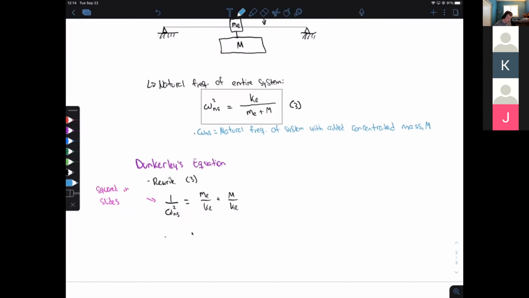And then from here, we're going to have omega 1n squared. We're going to basically assign this variable here to k sub e divided by m sub e.